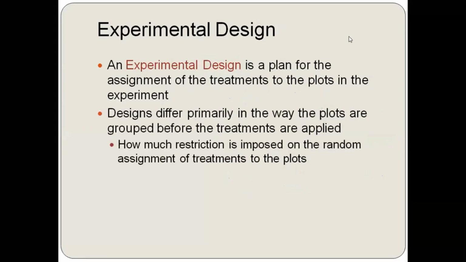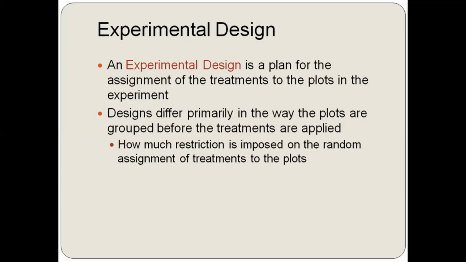So designs differ primarily in the way the plots are grouped before the treatments are applied. Design initially gives the information about how the grouping is done before the treatment is applied, and how much restriction is imposed on random assignment of treatments to the plots.